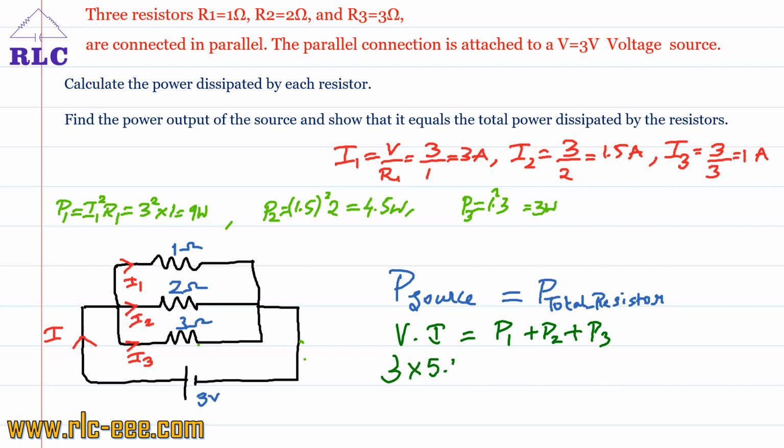What is the main current we have found already? That is 5.5 amps. That is equal to P1 is 9, P2 is 4.5 and P3 is 3. You should get 16.5 watts is equal to 16.5 watts. So LHS is equal to RHS, that is, the output of the source is equal to the total power dissipated by the resistors. So P out is equal to P total.